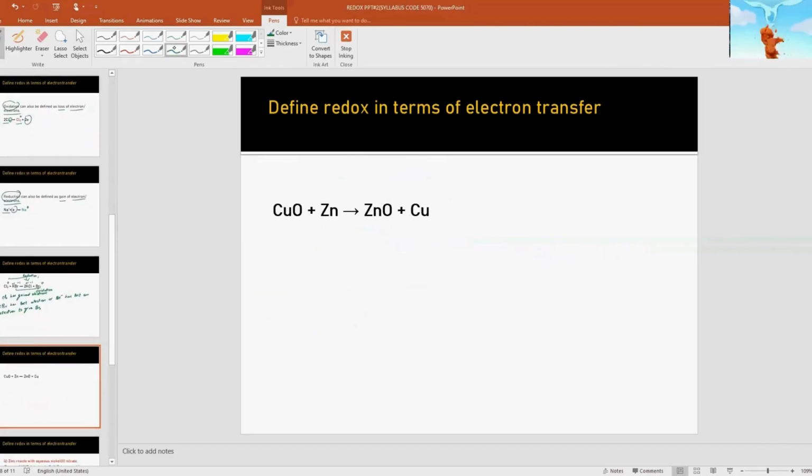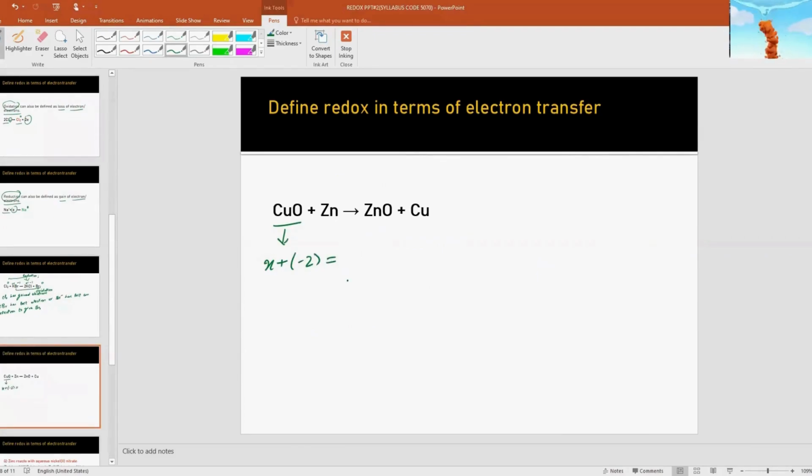Now try to solve this one using the above concept. Here we will calculate the charge on Cu in CuO in this way. Now I'm calculating the charge on Cu. Let me put X here. So we'll add the charge of oxygen, which is -2, looking at the periodic table.